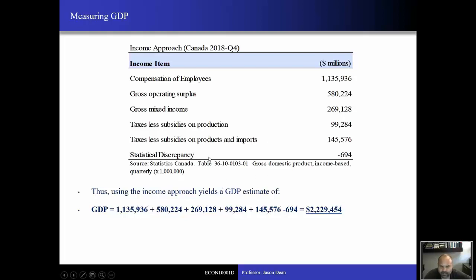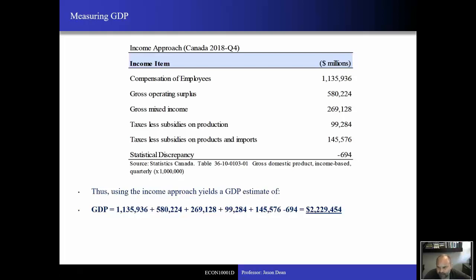And the statistical discrepancy, here we have the same 694 figure as before, but here it's negative. This means that if you multiply 694 times 2, that will give you the difference between the two estimates, the income and expenditure approach.